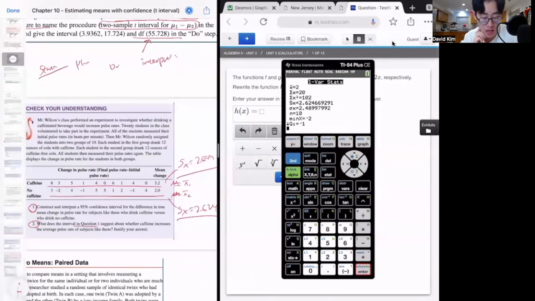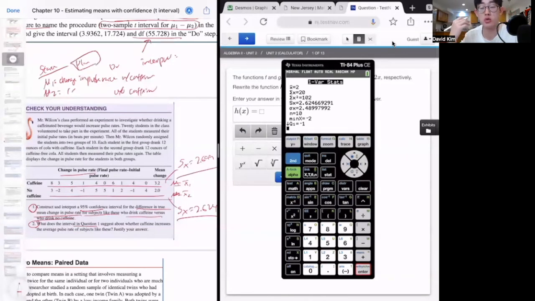For state, you're going to construct a 95% confidence interval for the difference in true mean change in pulse rates for subjects like these who drink caffeine versus who drink no caffeine. So these measurements are the change in pulse rate: mu1 is the change in pulse rate with caffeine, and mu2 would be the same thing without caffeine.